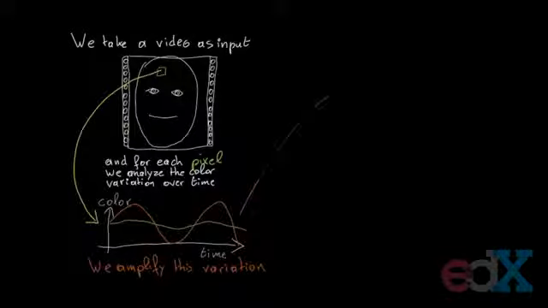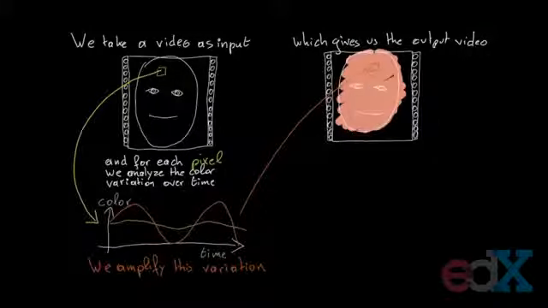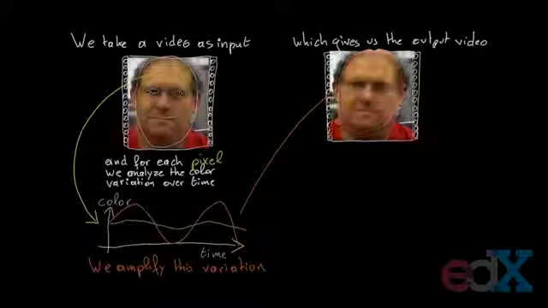Then we put the pixel back in the video, and we do this for every single pixel, which gives us the output video. In this example, it reveals the very small redness variation due to blood flowing through a face.